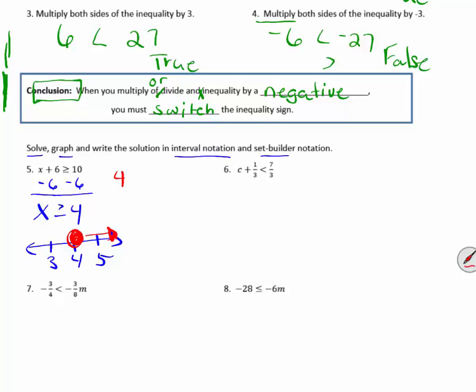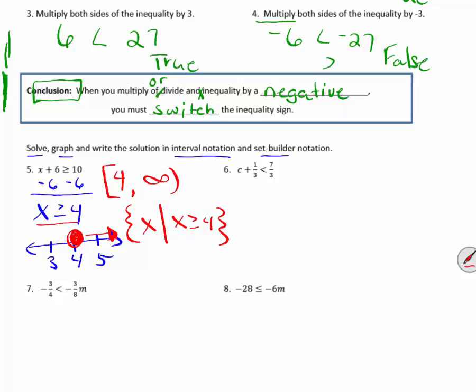So I'm going from 4 to infinity. 4 is colored in, so it's the hard bracket. Infinity always gets the soft. Set builder notation, that's the fancy brackets. And it's all x such that, that's what the line means, x is greater than or equal to 4. Right, and that's where you just put in this part of the problem.